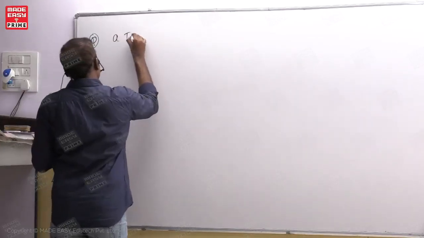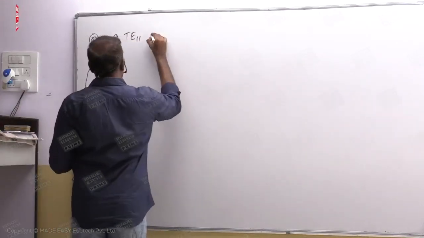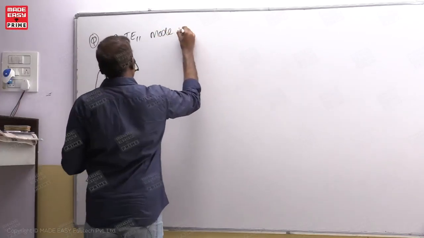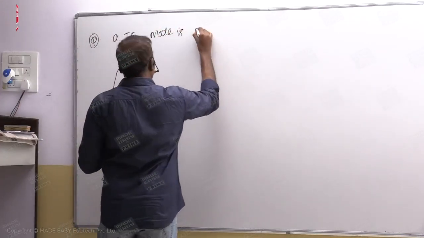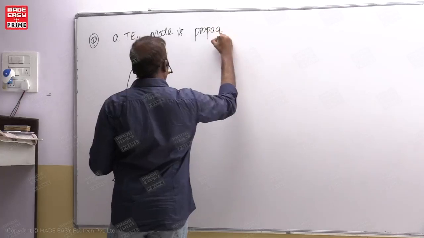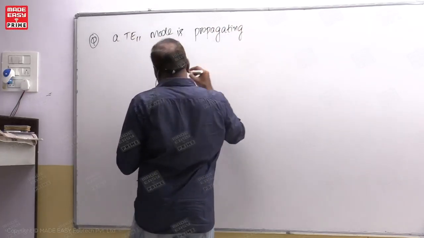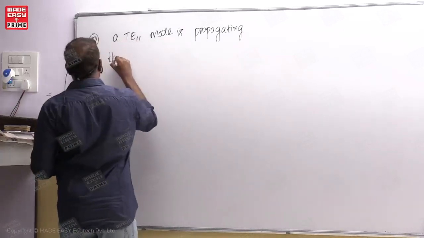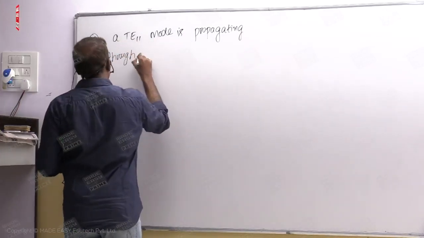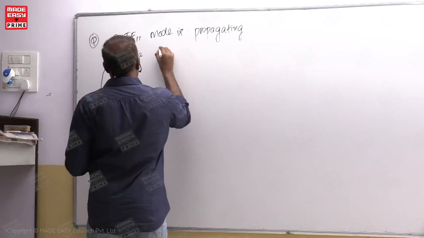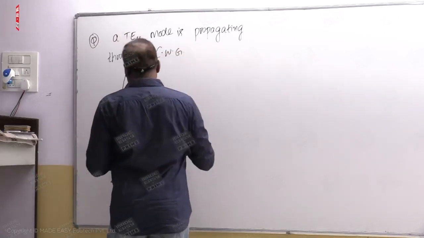A TE11 mode, that is the dominant mode in the circular waveguide, is propagating through a circular waveguide.